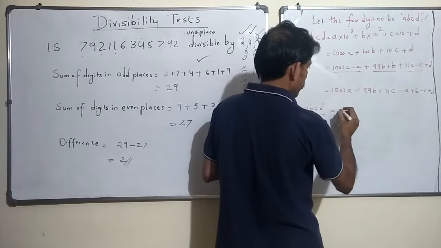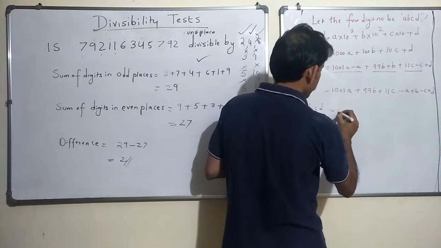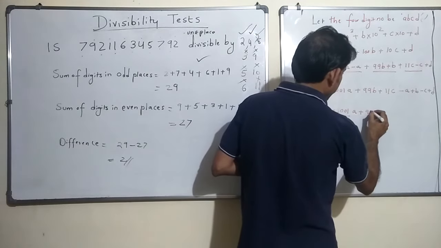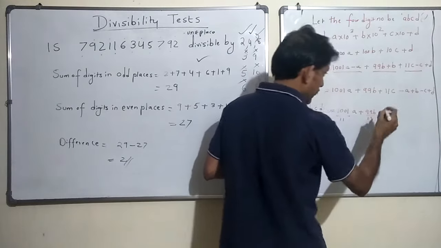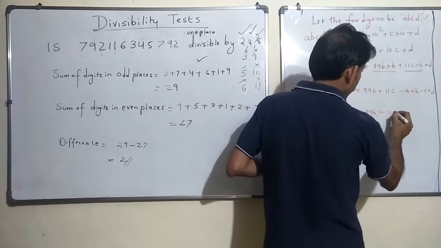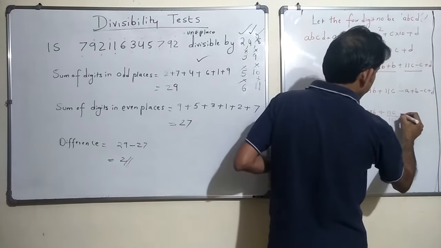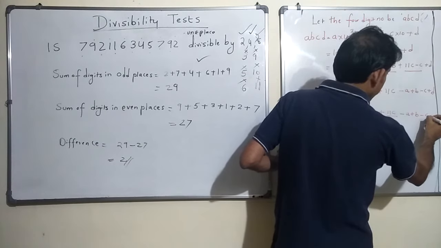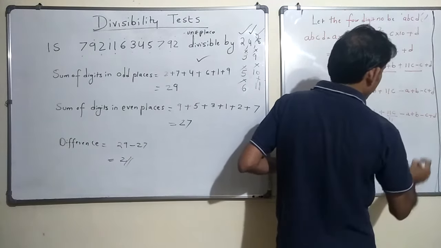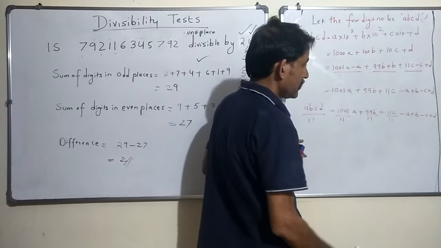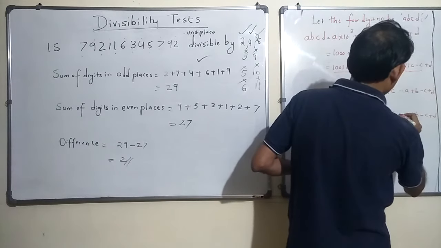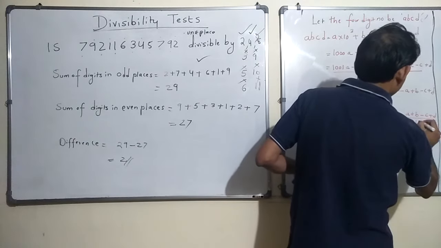This becomes 1001A by 11 plus 99B by 11, that is 9B, plus 11C by 11, then minus A plus B minus C plus D by 11.